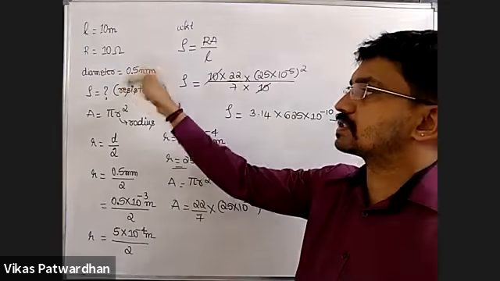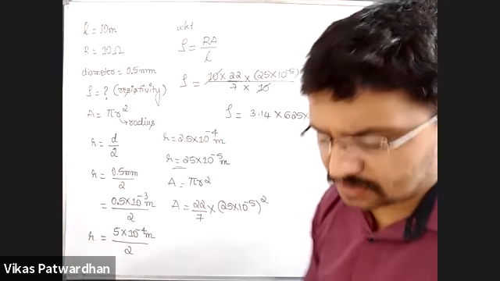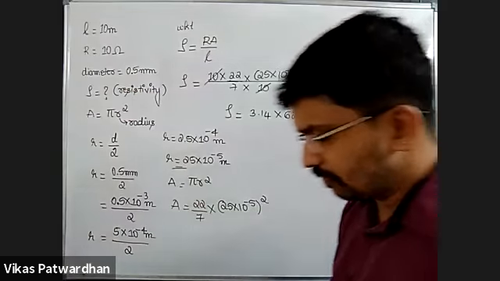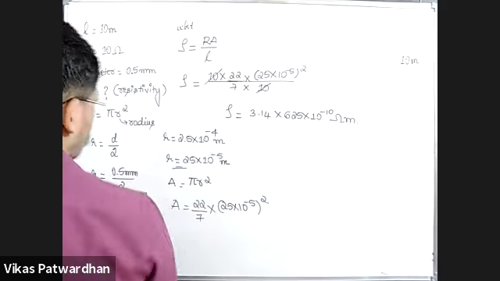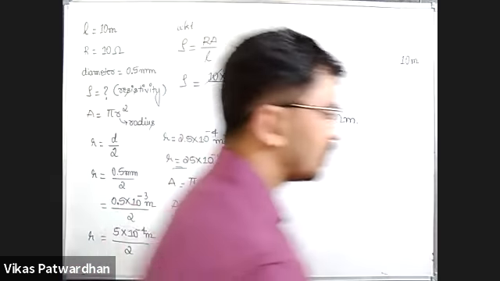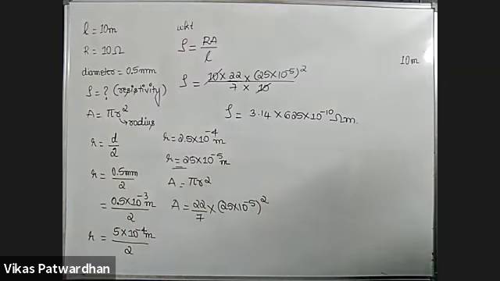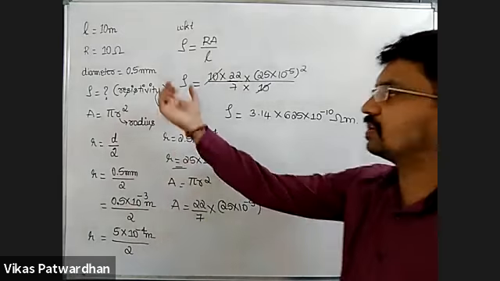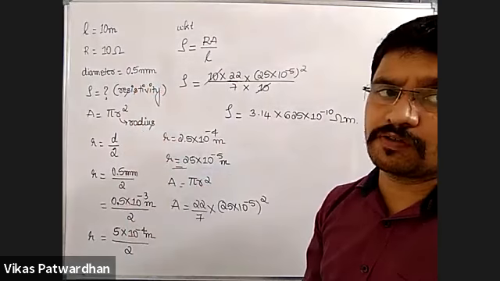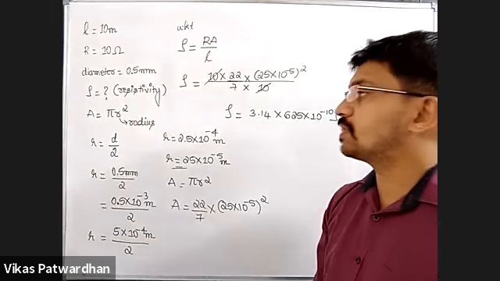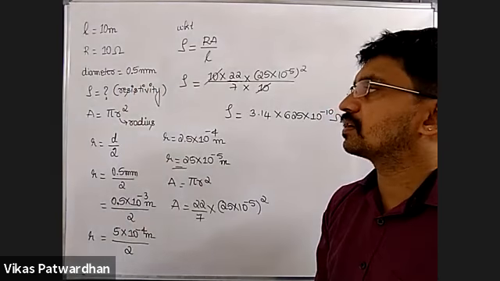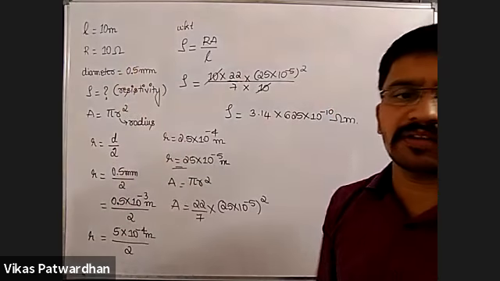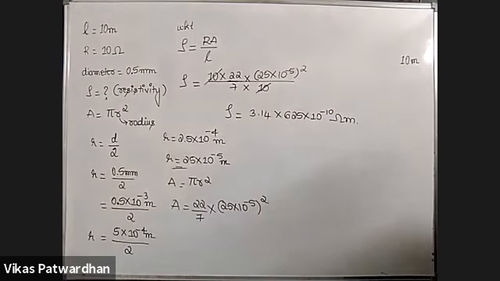I will convert this to SI units. There is a thumb rule, an untold rule: every quantity in the equation should always be expressed in SI. What is the SI unit of length? Meter. So diameter in millimeters must be written in meters.